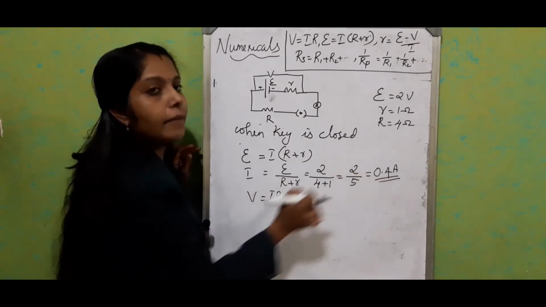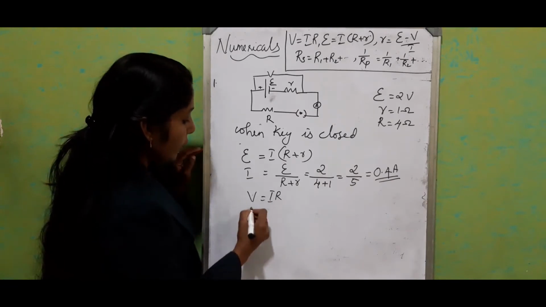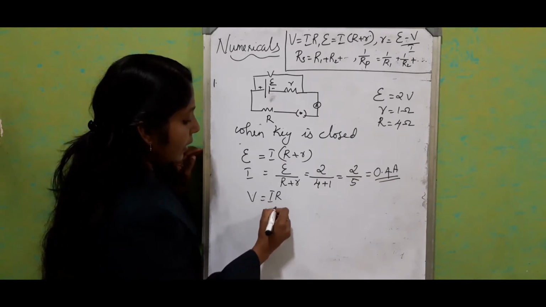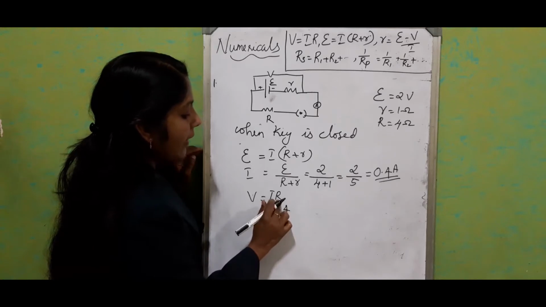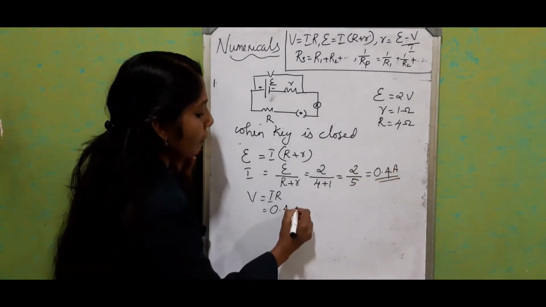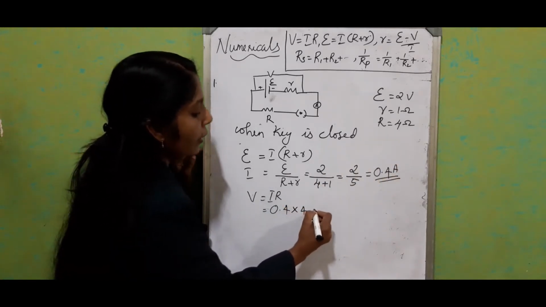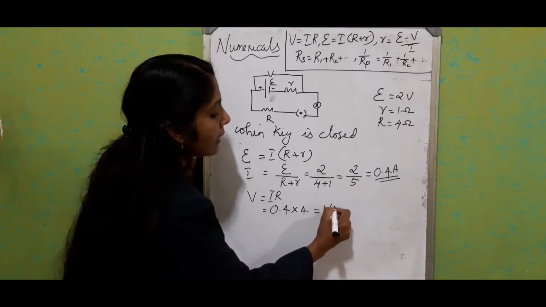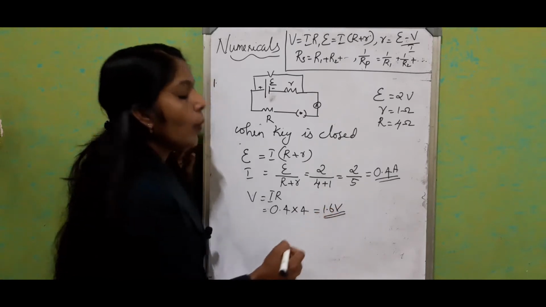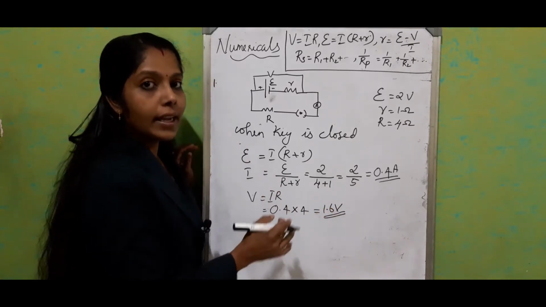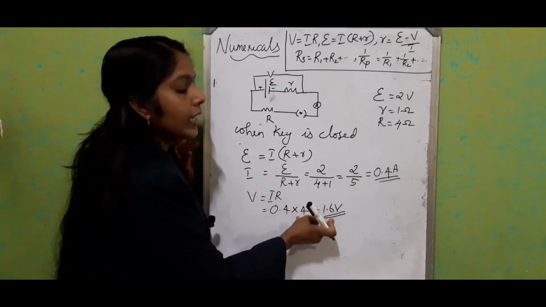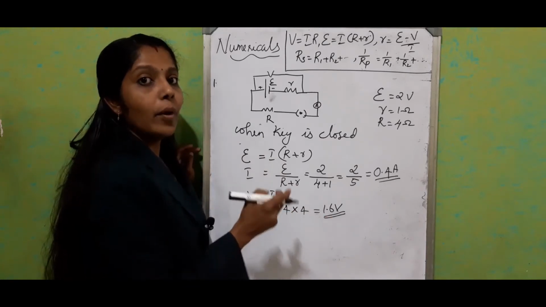I, we already found, is 0.4. So we have 0.4 and the external resistance is 4. So 0.4 into 4 is equal to 1.6 volt. So when the key is closed, the voltage available in the circuit is 1.6 volt.